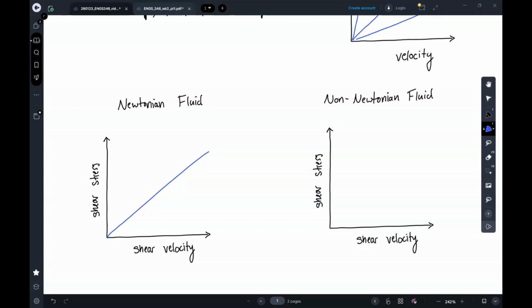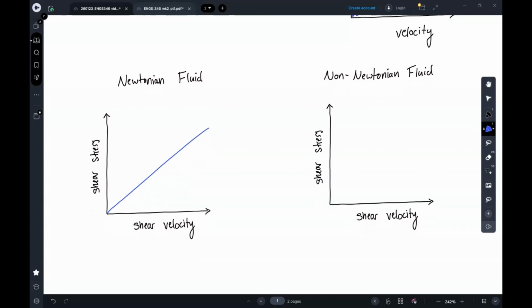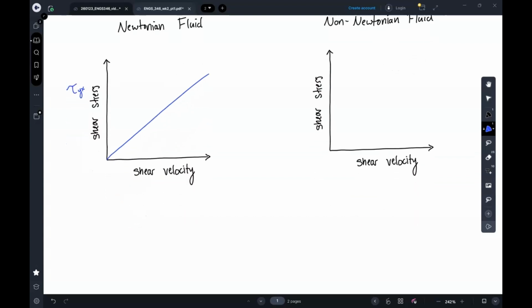So what is shear stress and what is shear velocity? Shear stress, we call tau yx. Shear velocity would be du dy. We'll learn a little bit more in a second exactly what we mean by shear stress and shear velocity.